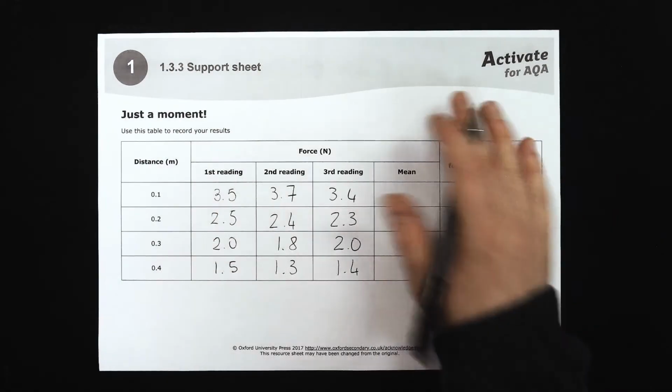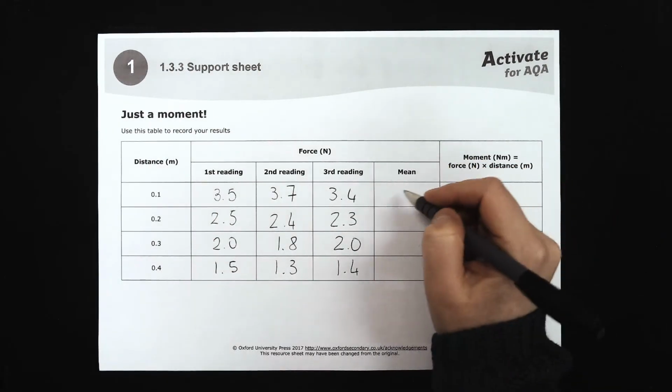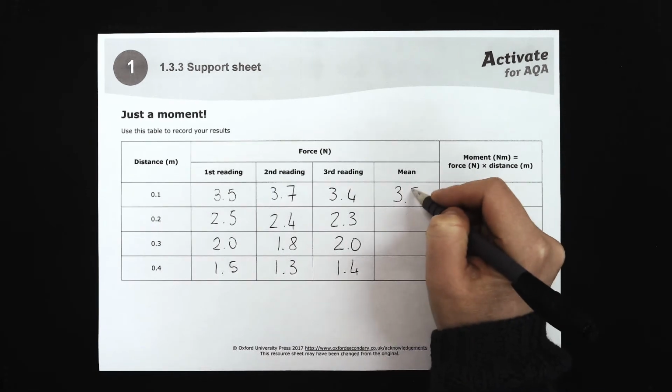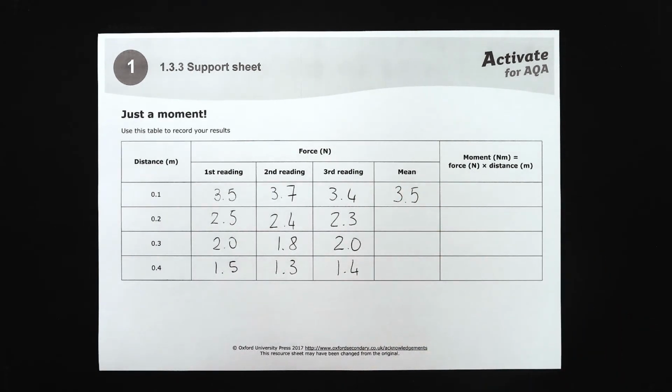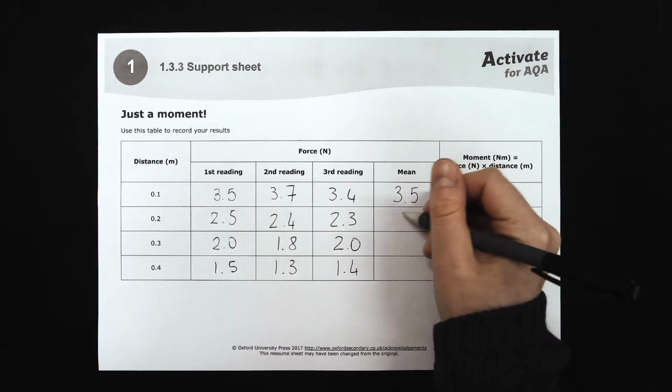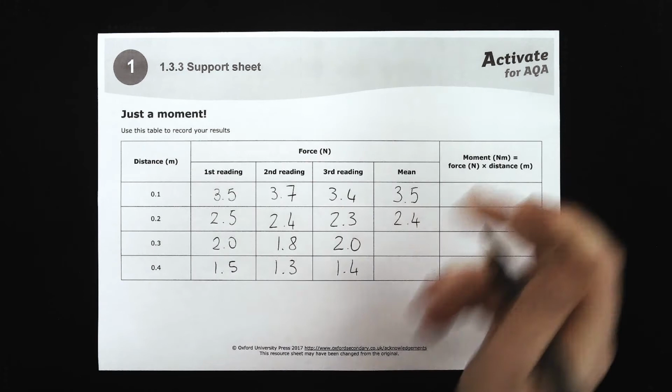Okay, we're back. So calculate the mean. The first one should be 3.5. The second one, what I have to do is 2.5 plus 2.4 plus 2.3 divided by 3, which is giving me 2.4.